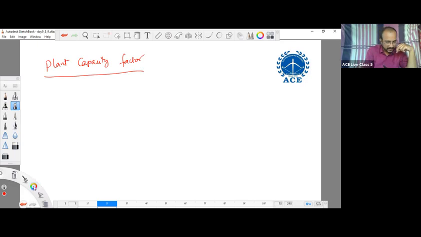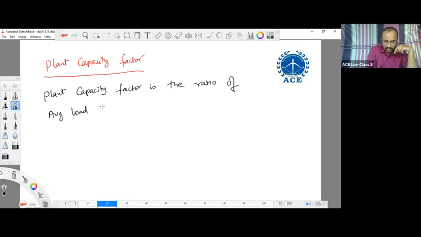How do you calculate plant capacity factor? Plant capacity factor is the ratio of average load to installed capacity.